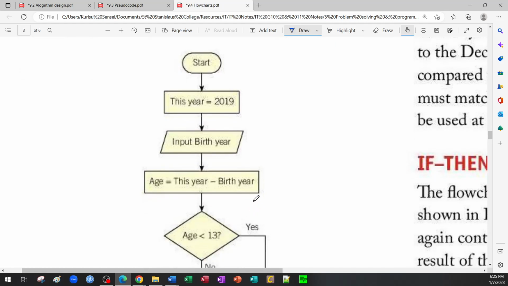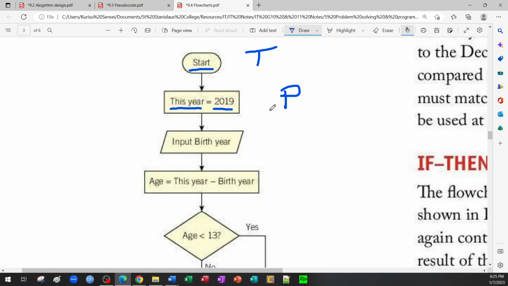So let's look at this example here. So we have a terminator symbol indicating start. We have a process symbol indicating that the variable this year is equal to 2019.